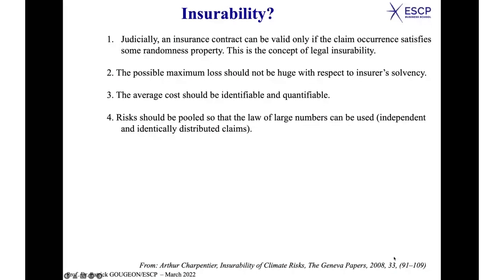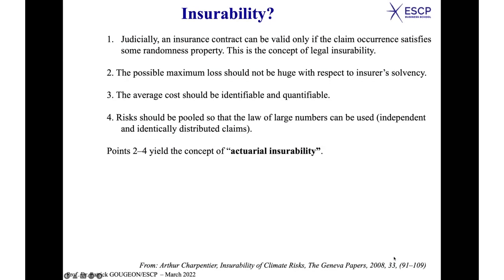So it's no longer independent. Then the insurer cannot pay for that. The law of large numbers would not apply in this case. So in any type of contract, the situation of war is always excluded from the scope of the policy.